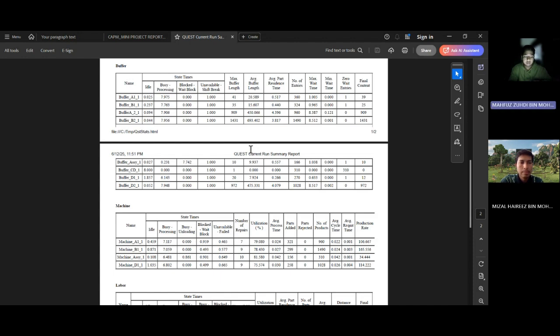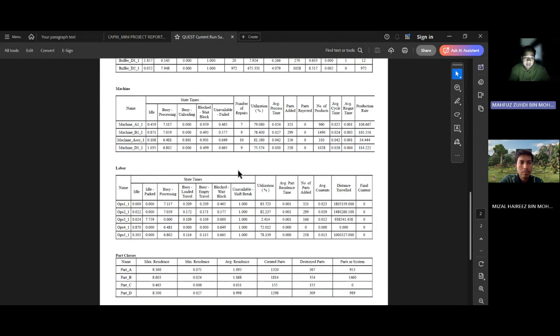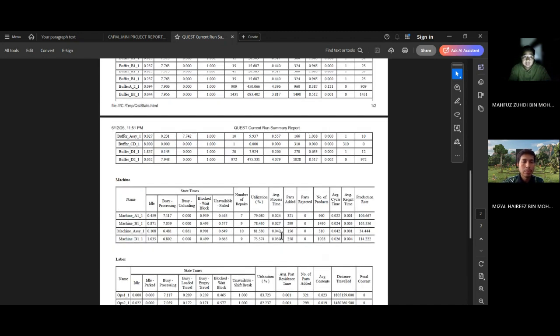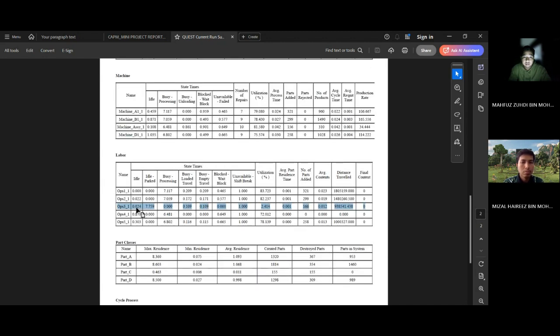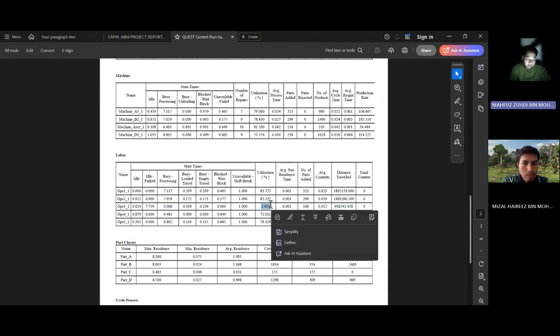For the critical efficiency discovery, we discovered a shocking inefficiency: OPS3 operated at only 2.41% utilization. Here is the utilization rate for OPS3. This operator was responsible for transporting parts to assembly, but was severely underused.